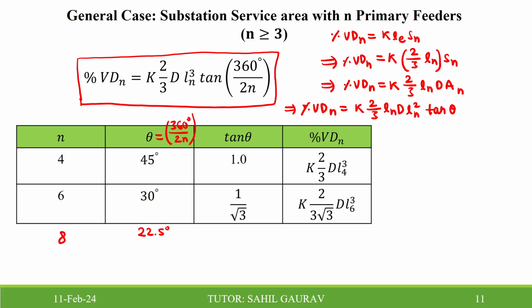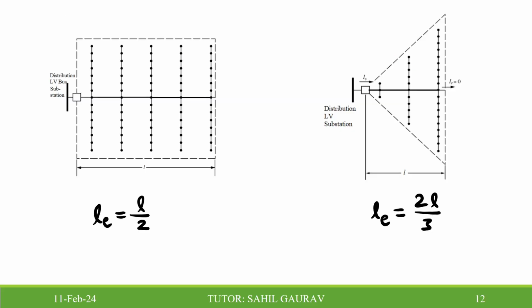So tan theta will come as 0.4142. Accordingly, you can find the percentage voltage drop for this case if we are having an octagonal substation service area. Now let us come to the next problem.